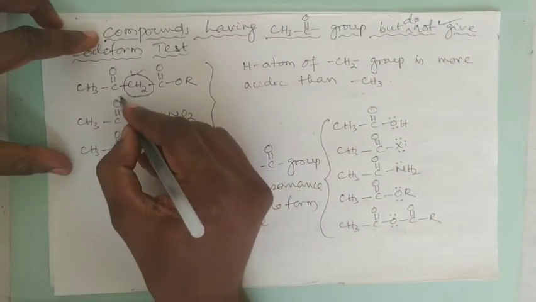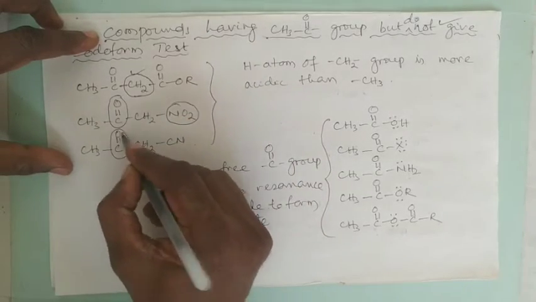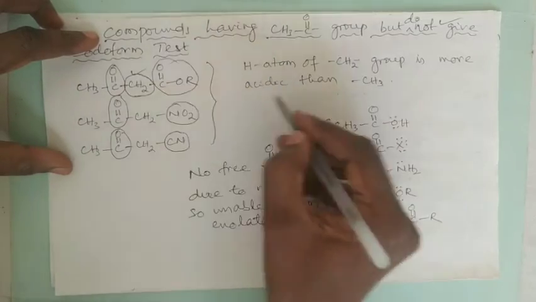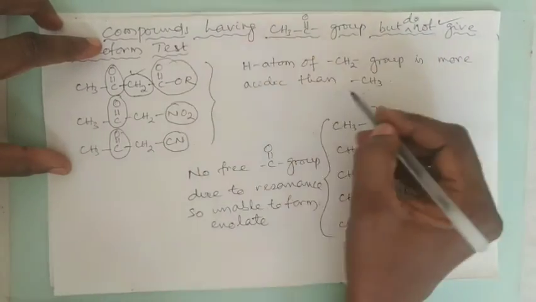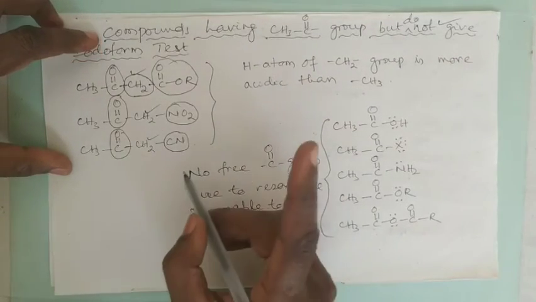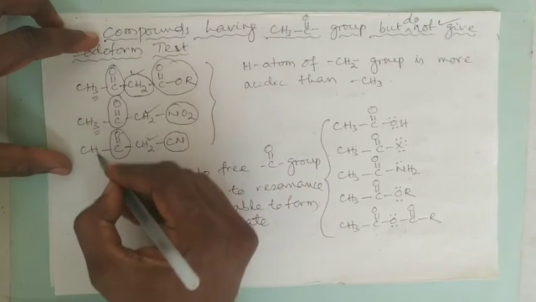Here also the CH2 group is flanked by two electron withdrawing groups. Here also the same thing. Therefore they do not show the iodoform test, because these hydrogens will be removed. But to show the iodoform test, these three hydrogens must be removed first.